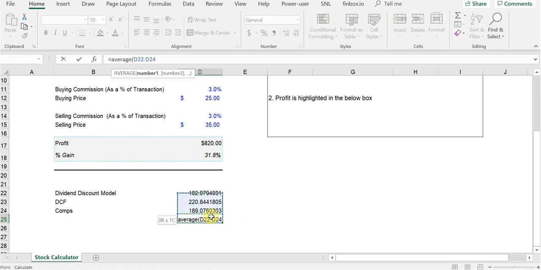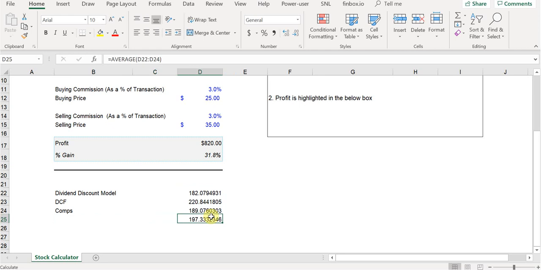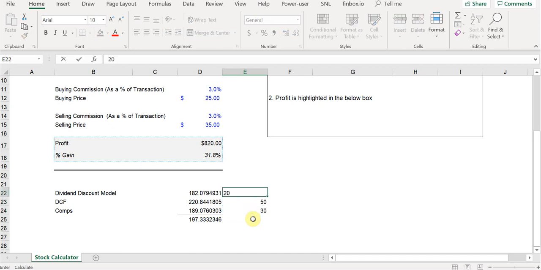If you average them all on a straight average, you get to about 197. For me, I think we probably want to do some sort of weighting. I would do 50, 30, 20, or even probably 40, 40, 20.